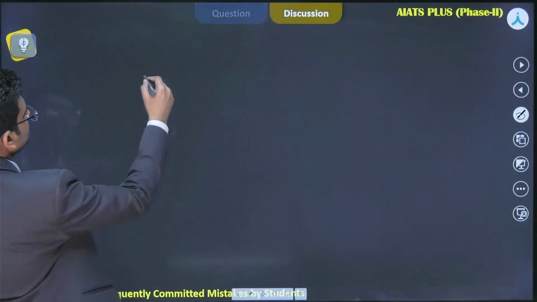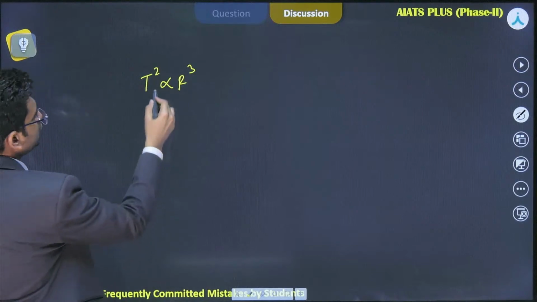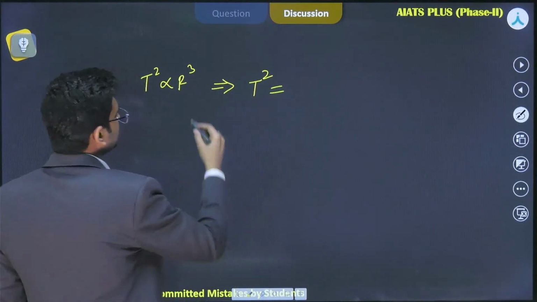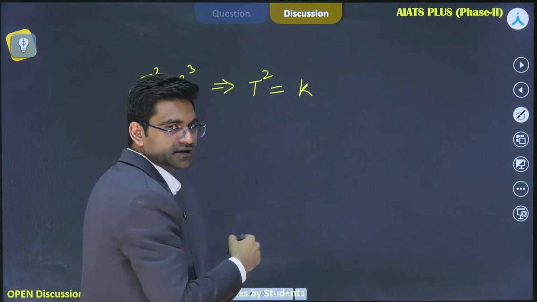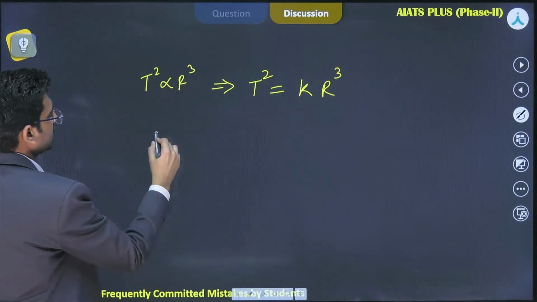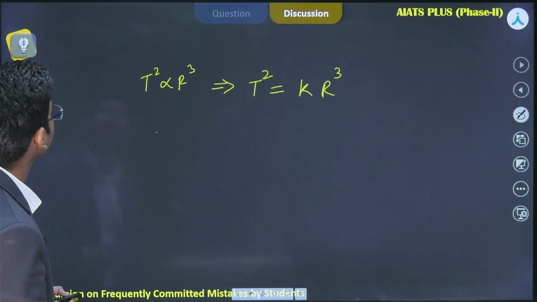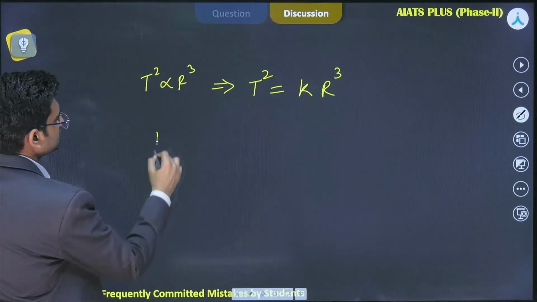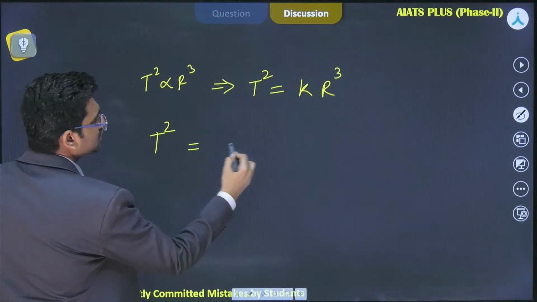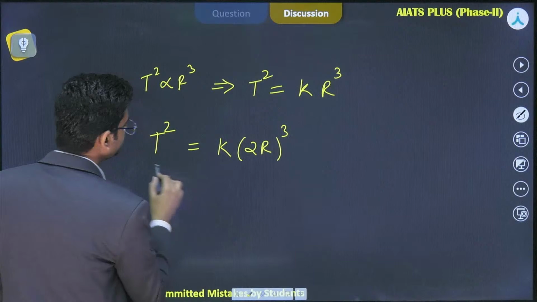Yes, T squared is directly proportional to r cube. I can also write that there is some constant, k, so T squared equals k into r cube. Now the time period for 2r is t, so I am writing t squared is equal to some constant k into 2r whole cube.